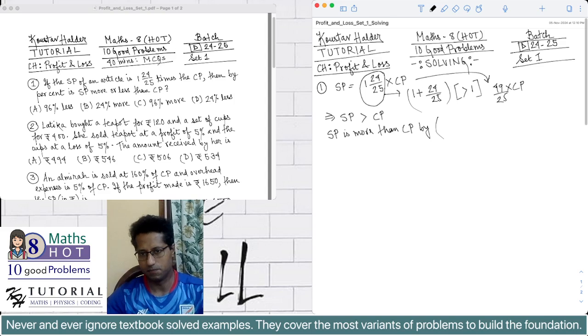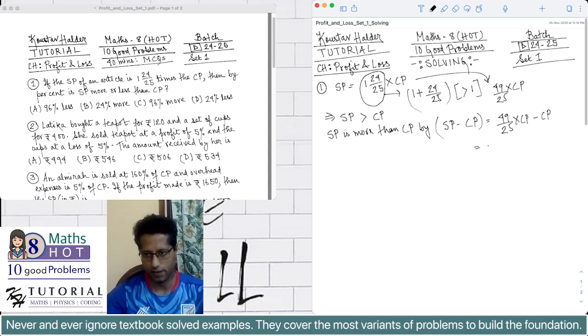So SP is more than CP by SP minus CP, which is equal to 49 by 25 multiplied by CP minus CP. This is equal to, if you take CP common, CP multiplied by 49 by 25 minus 1.